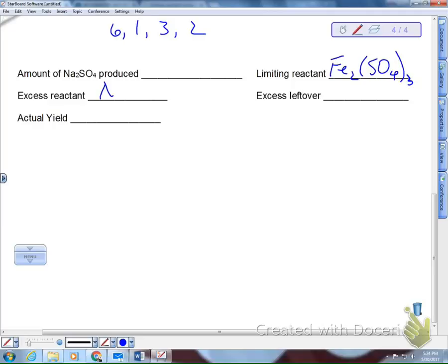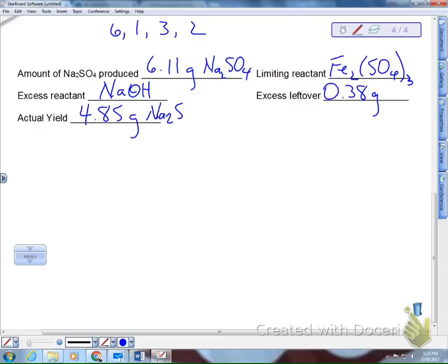And the excess was the sodium hydroxide. Your leftover was only 0.38 grams of the sodium hydroxide. The theoretical yield was 6.11 grams of the sodium sulfate. And the actual yield, 4.85 grams of the sodium sulfate.